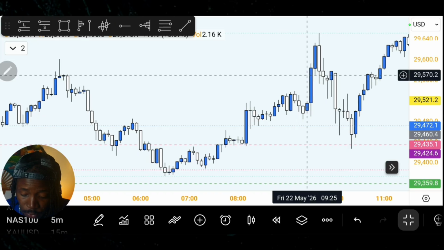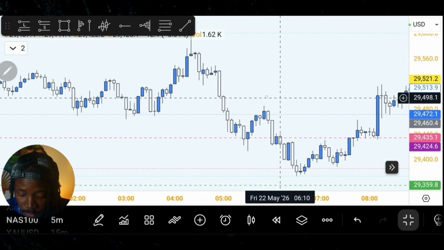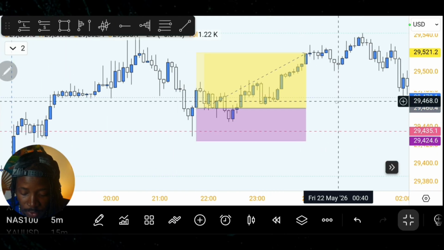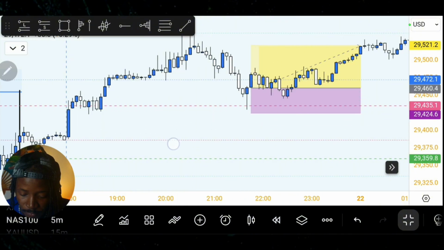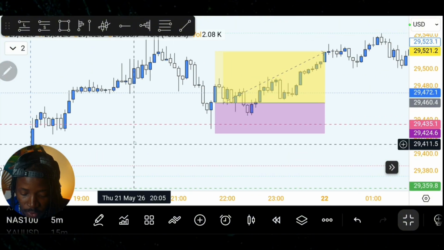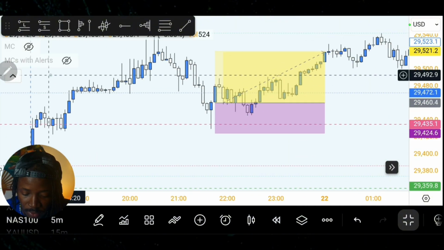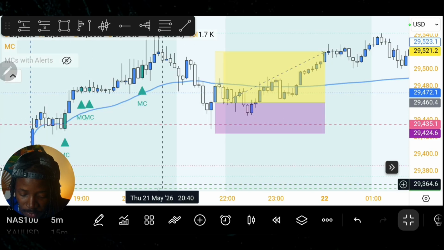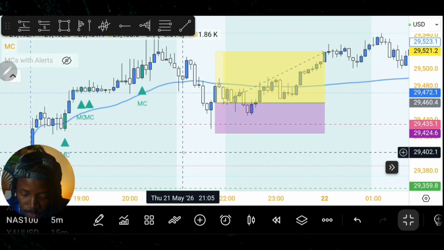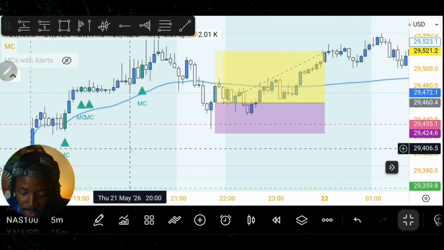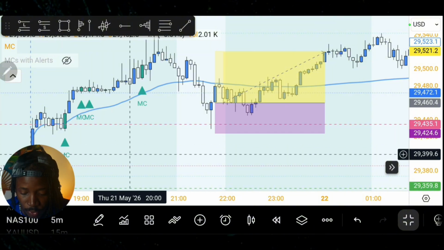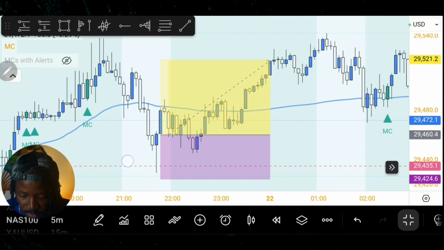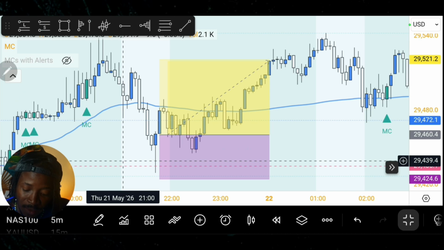Now I'll just put on my indicator and show you how that would have worked. So let's go and I'll just put it on. Right, so this would have been, and the good thing about this indicator is that it works based on trend.